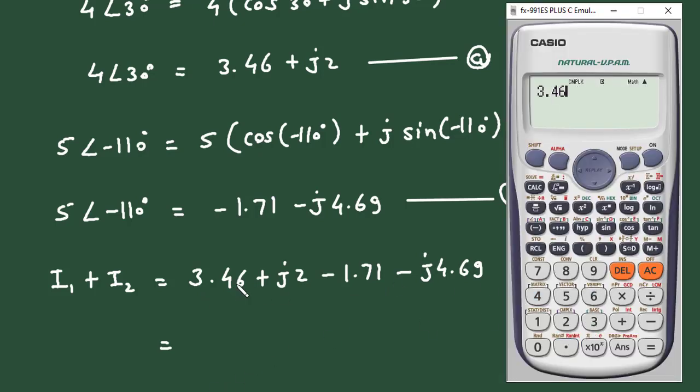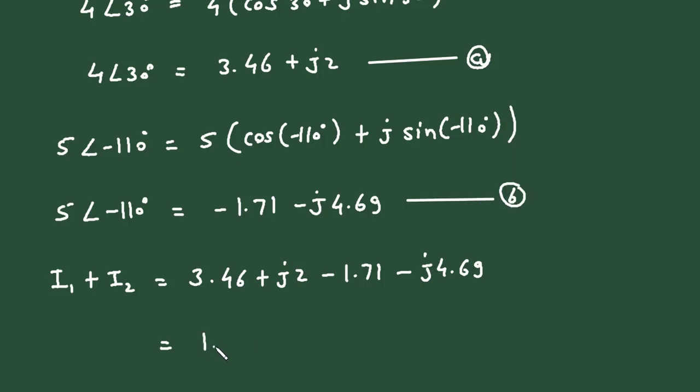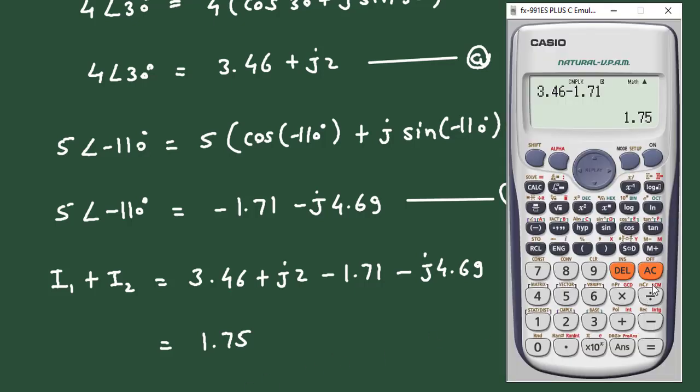So this will be 3.46 minus 1.71. So this will be 1.75, and this will be 2 minus 4.69.